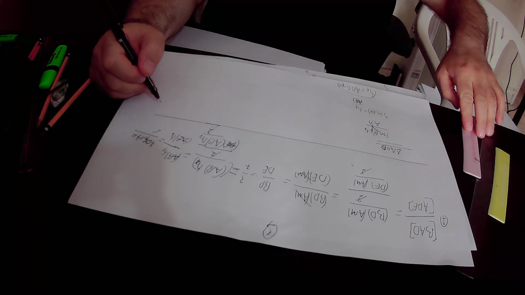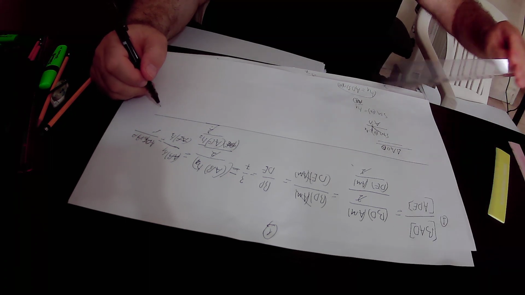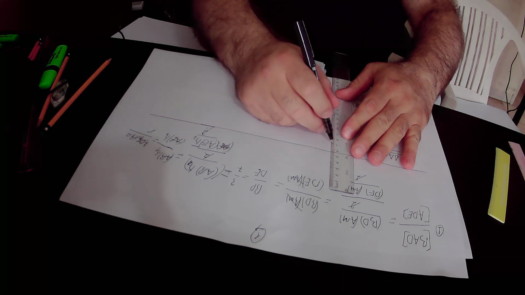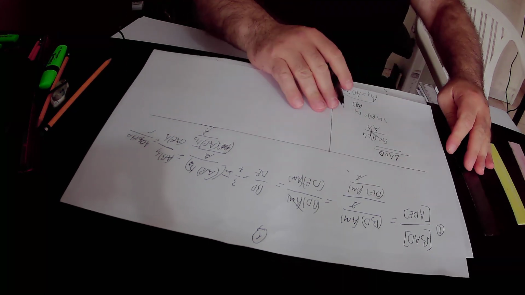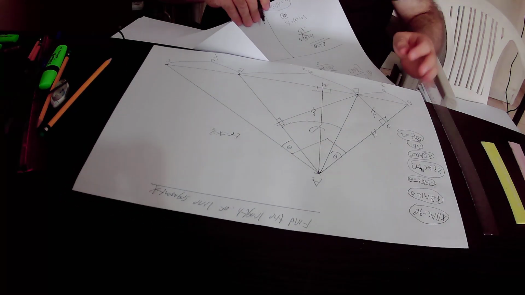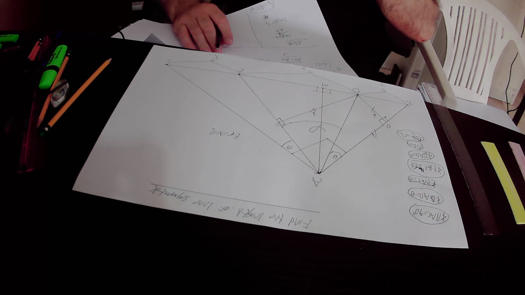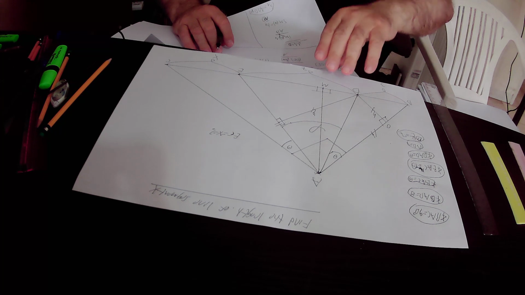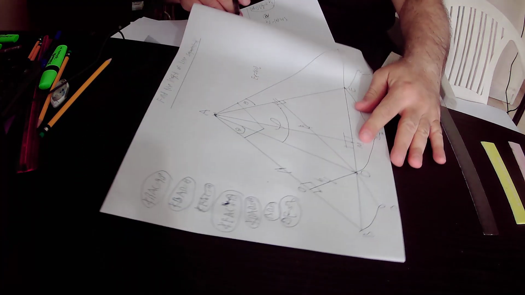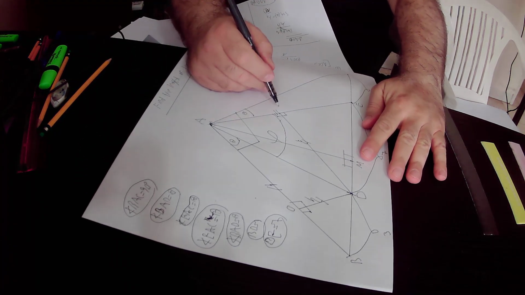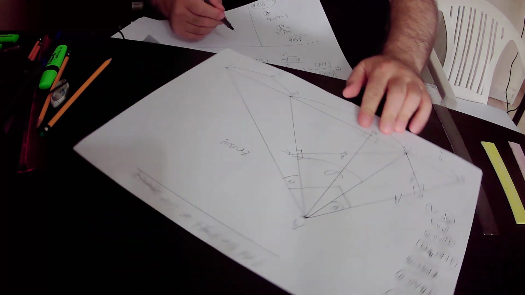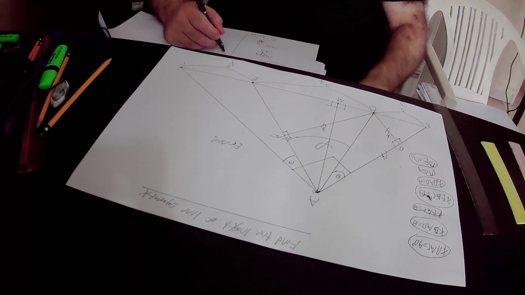In the same way, we find out the value of H2. We define this point as K, so we focus on the right triangle ADK.